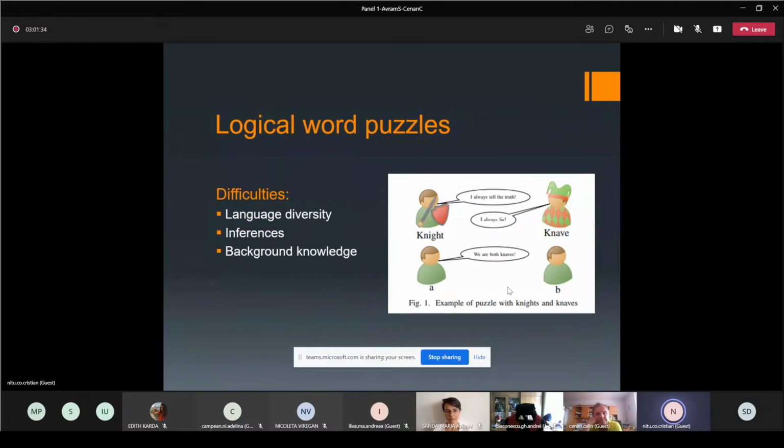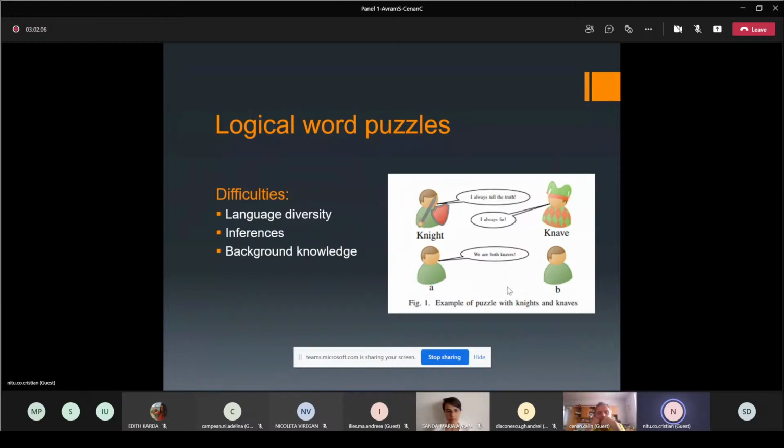Logical word puzzles can be seen as a good application of natural language understanding. In my opinion, a logical word puzzle is a bunch of interconnected sentences which are meant to train the logical thinking of someone. The difficulties met by the system when it has to solve a logical word puzzle automatically are the language diversity, the inferences it needs to make in order to find new things, and the background knowledge, which most of the time is not specified in the puzzle.